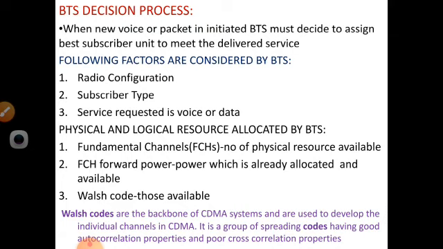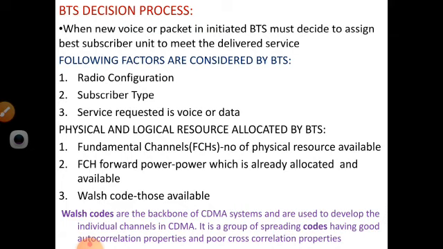Walsh code is nothing but the backbone of the CDMA 2000 system. The main important function of this Walsh code is that it is used to develop the individual channels in a CDMA system, not a single channel, since we are going to control multiple carriers. By using this Walsh code, we develop the individual channels in the CDMA. This Walsh code is a spreading code.